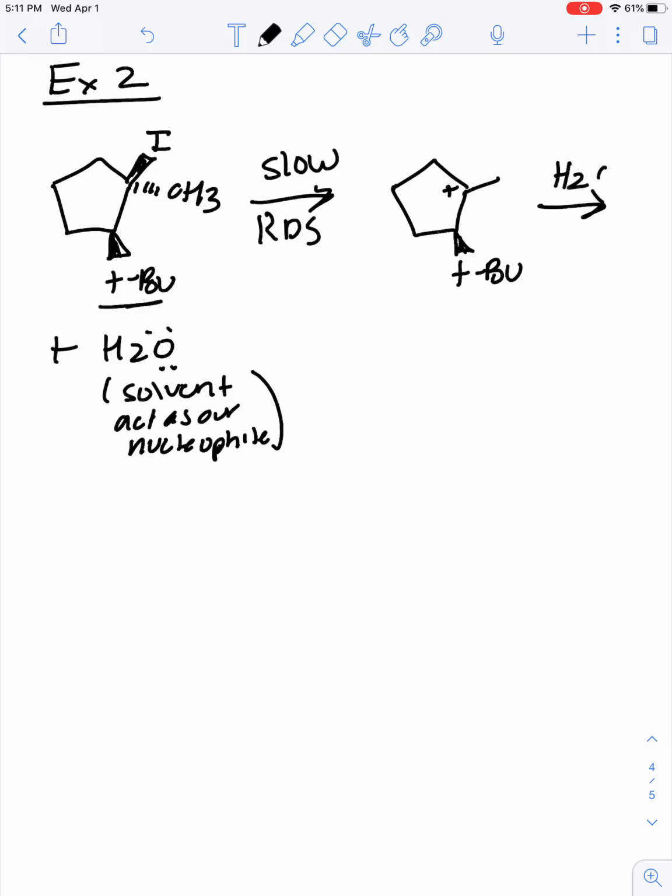After the formation of our carbocation, our nucleophile, in this case water, is going to attack this carbocation. This is going to result in the formation of a retention product and an inversion product.